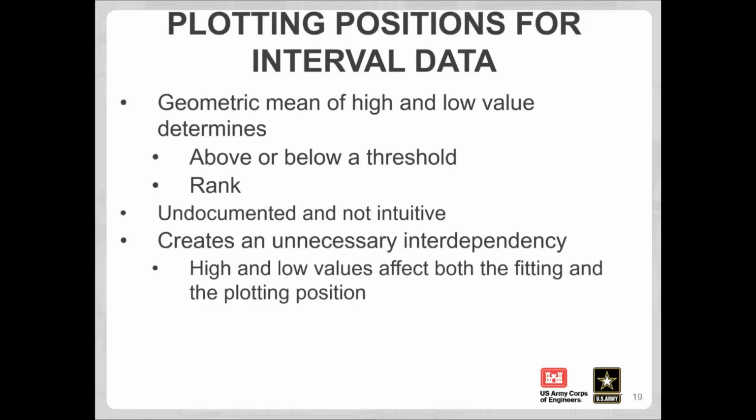So with EMA, one of the key elements for doing plotting positions is you have to know whether or not a particular flood or collection of floods is above or below one of your perception thresholds and what their rank is. So it wasn't obvious what it was doing, and we kind of figured it out by trial and error that it's using the geometric mean of the high and the low value when you enter data as a flow interval.